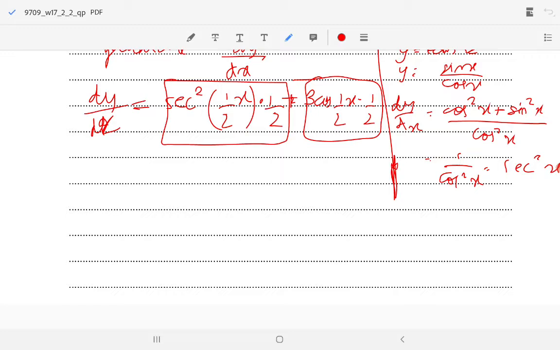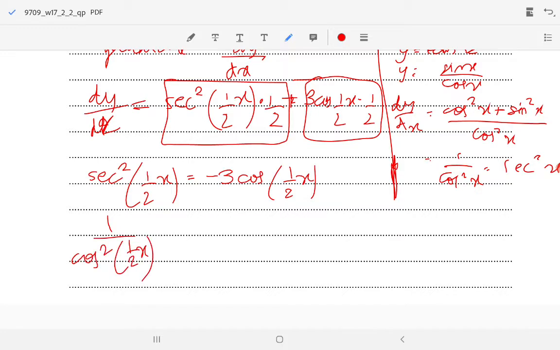And the gradient is 0, so sec square half x is equal to negative 3 cos half x. Sec square is basically 1 upon cos square, so we have 1 upon cos square half x, which is equal to minus 3 cos half x.